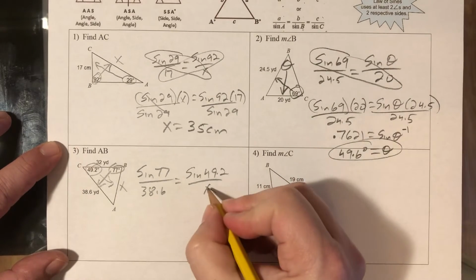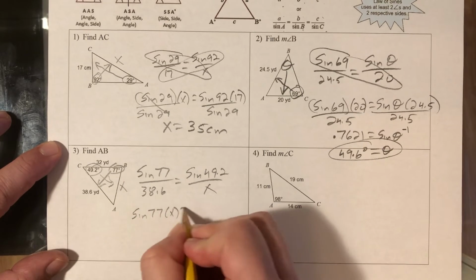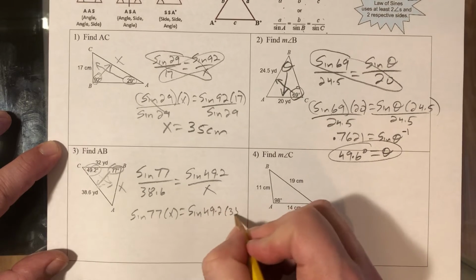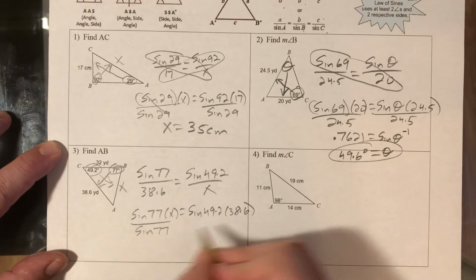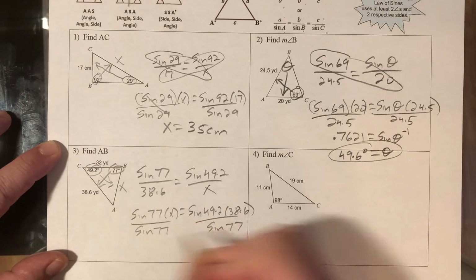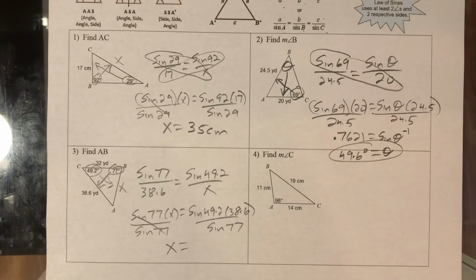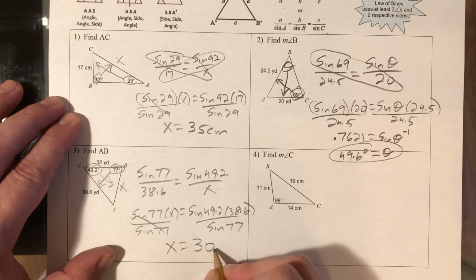So again, I'm just going to do my cross multiplication. Sine 77 times x equals sine 49.2 times 38.6. Okay? Divide both sides by sine of 77. Okay? And x is going to equal, we're going to multiply sine of 49.2 times 38.6, and then divide that by sine of 77, and you're going to get x equals 30 yards.